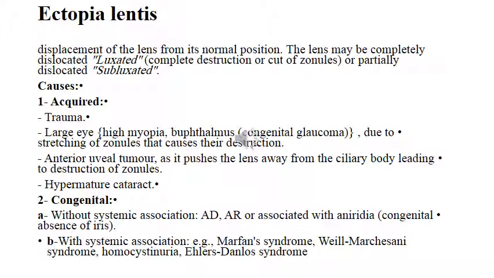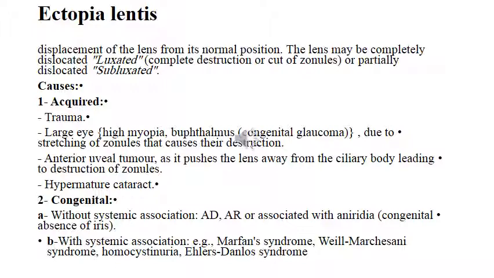Congenital causes of ectopia lentis, you might have an idea about them. It's either autosomal dominant or autosomal recessive. Associated with aniridia. Aniridia means absence of the iris. In this type of congenital ectopia lentis, usually there is no systemic association.